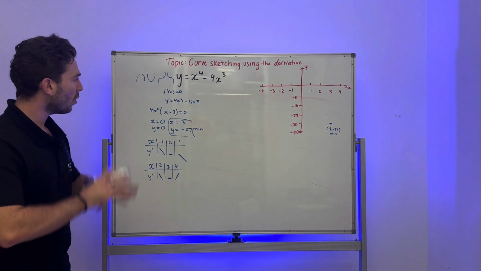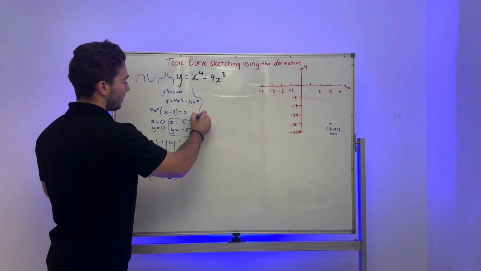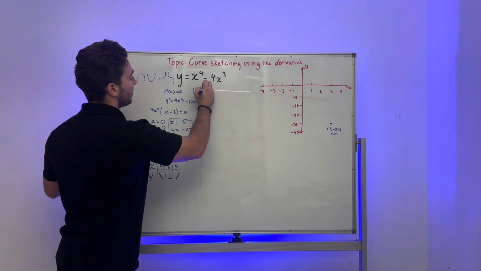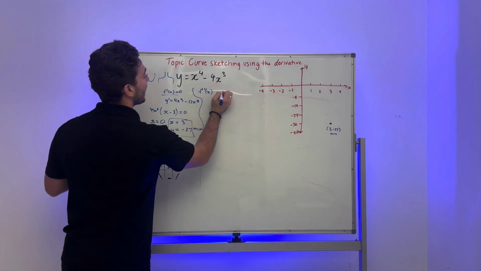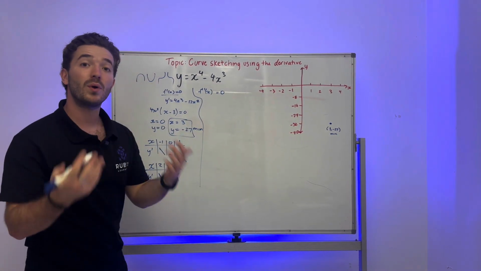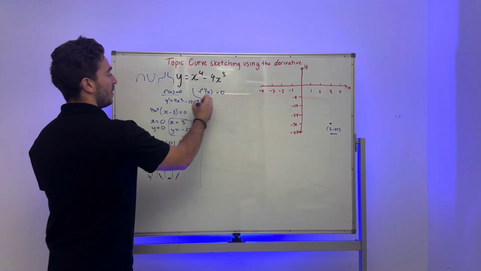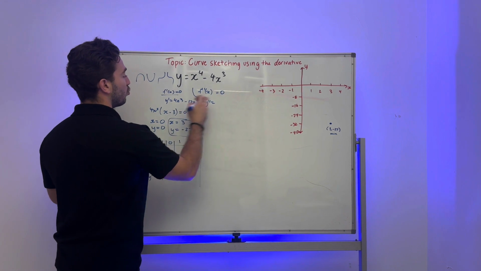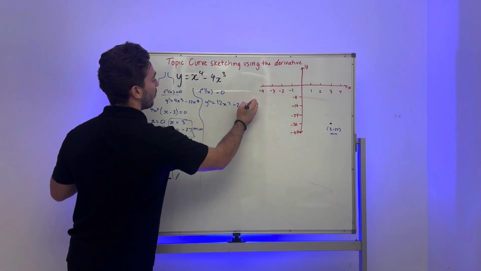Okay, so we've done everything we can so far using the first derivative. Let's keep going and look at the second derivative, y double dash, and we're going to set that equal to 0 to find any points of inflection. The second derivative here is going to be y double dash equals 12x squared minus 24x.